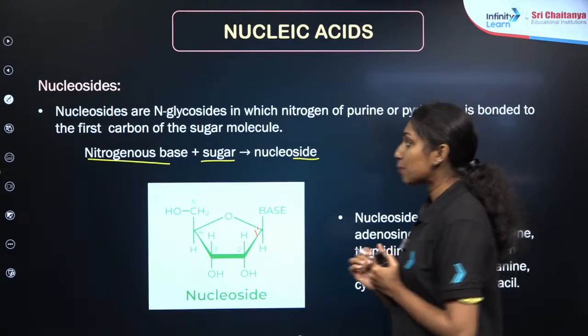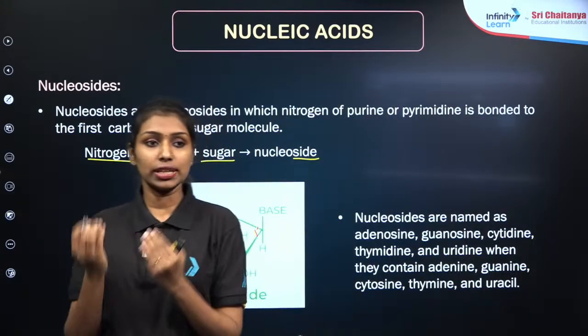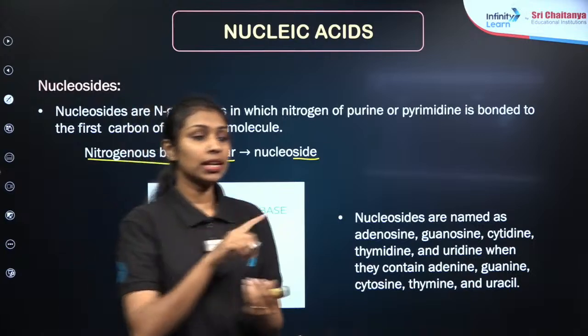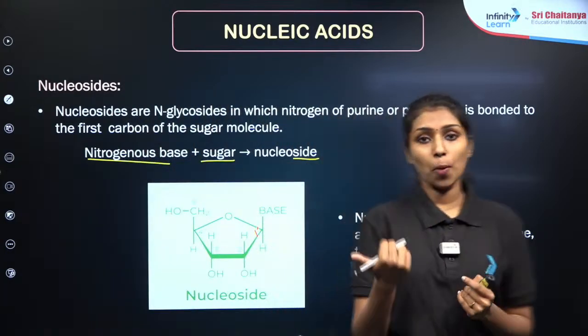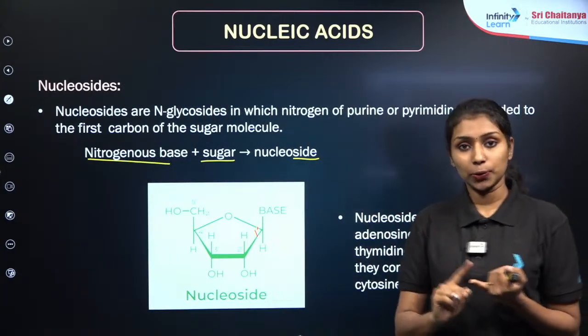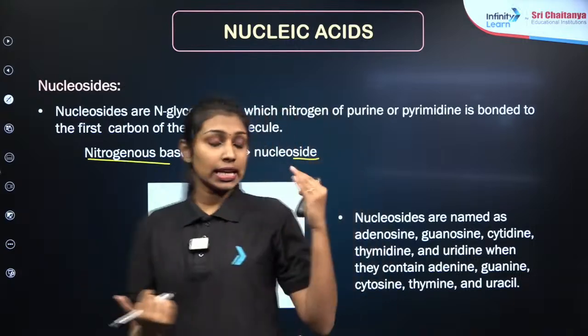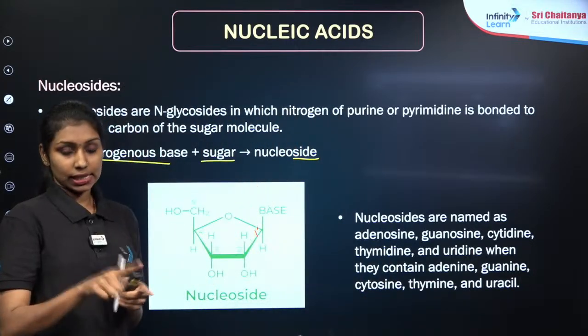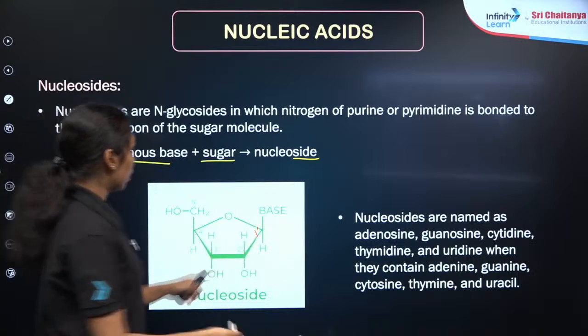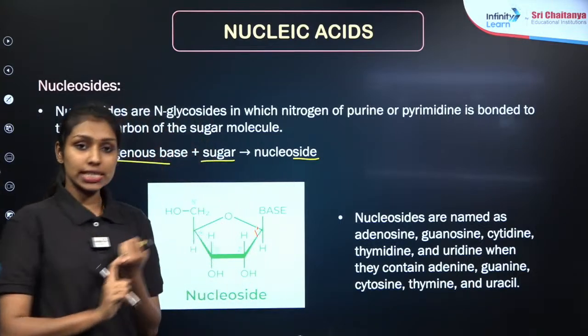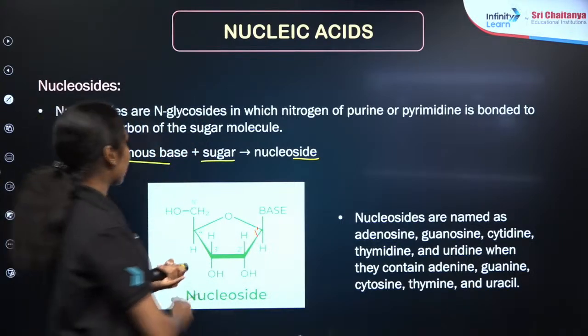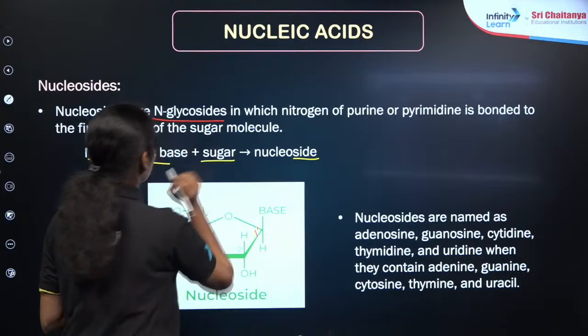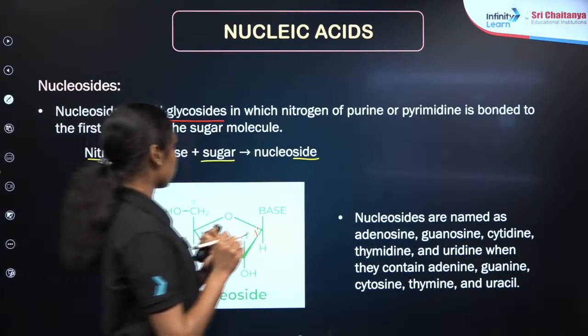We have already seen the glycosidic linkage in carbohydrates, which is formed by the release of a water molecule. Similarly here, the glycosidic linkage is formed between the nitrogen of the nitrogenous base and the carbon in the sugar, so it is termed the N-glycosidic linkage. Clear?